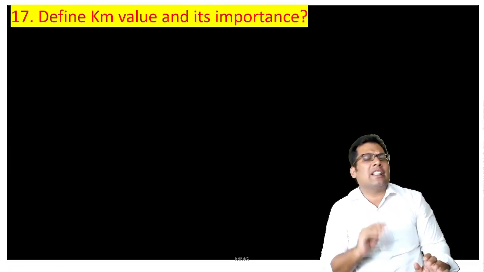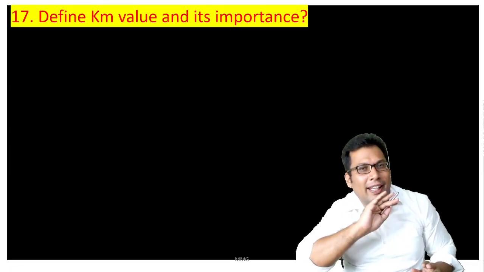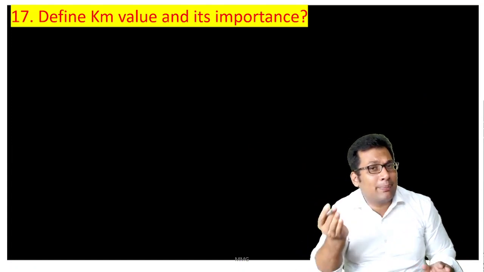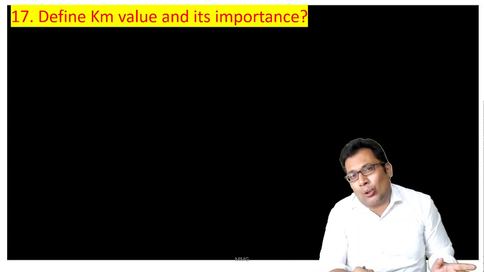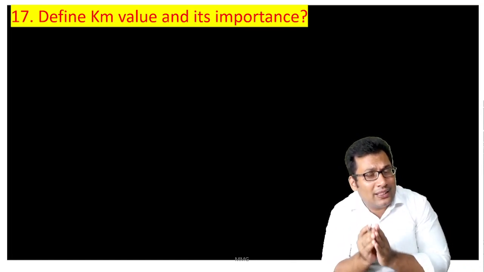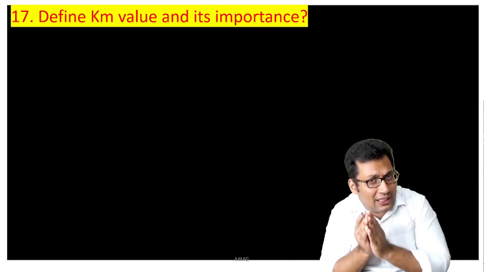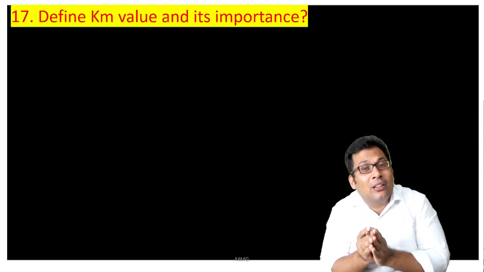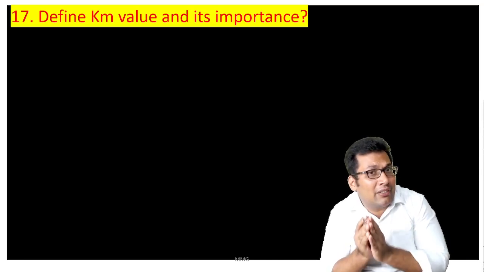Now, next question, a very simple question. Define Km value, Michaelis Menten constant, and its importance. What is Km value? Km value is the substrate concentration at which the velocity is half of the Vmax.